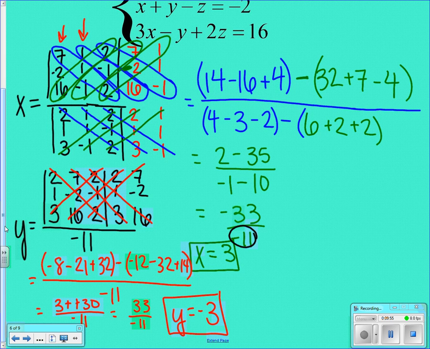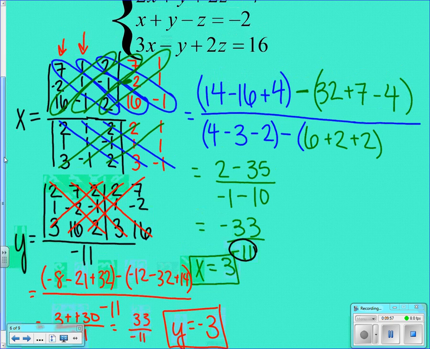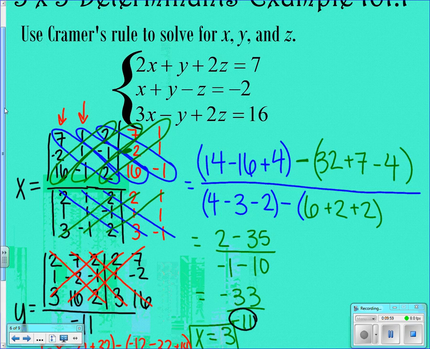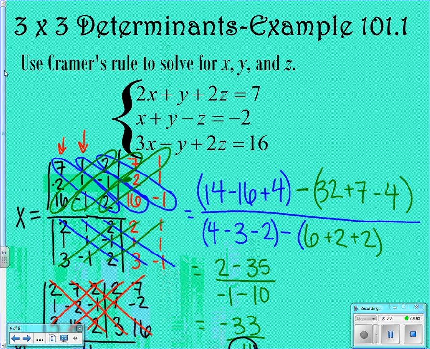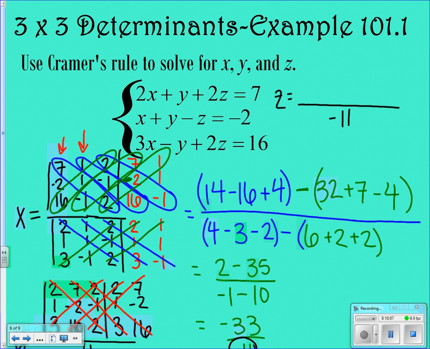Now for the z. I'm going to write it, and then I'm going to move it down to the bottom. We're going to have negative 11 for our denominator. Our numerator is going to be 2, 1, 3, 1, 1, negative 1. And then instead of our z coefficients, we're going to use 7, negative 2, and 16.